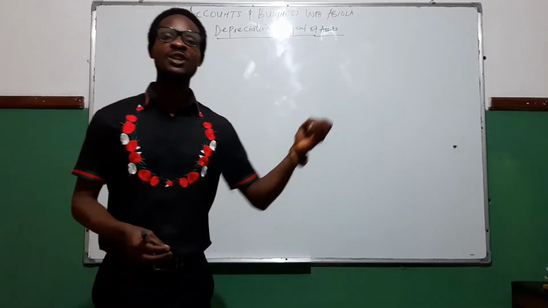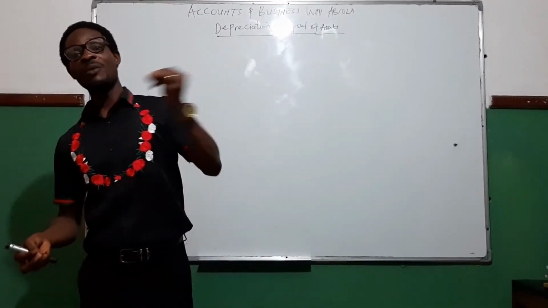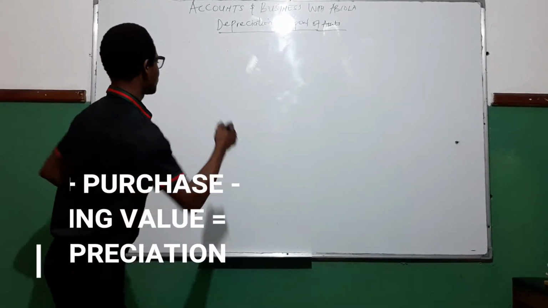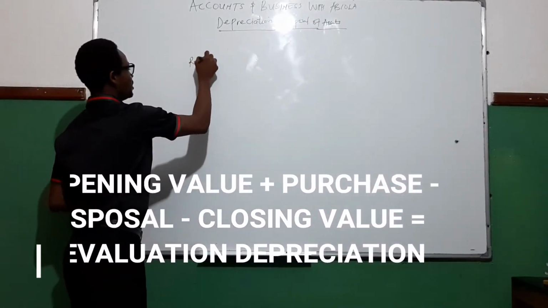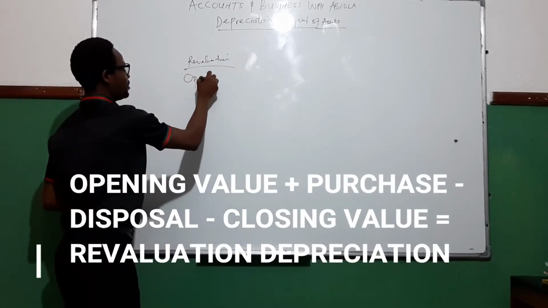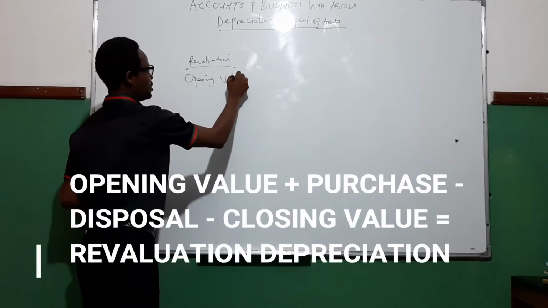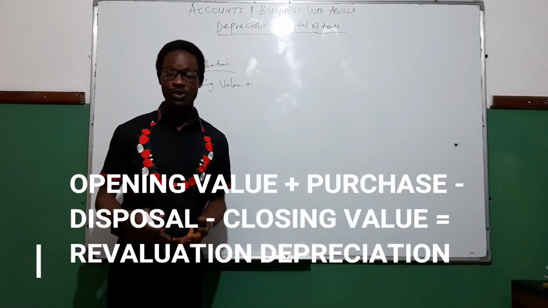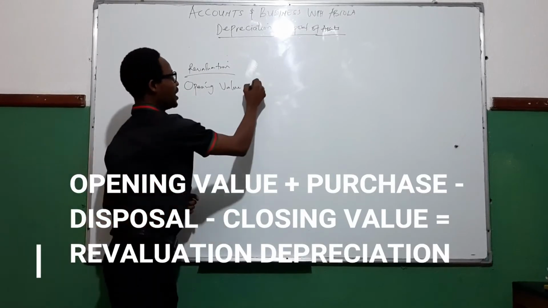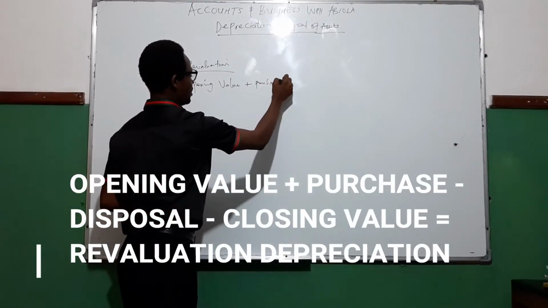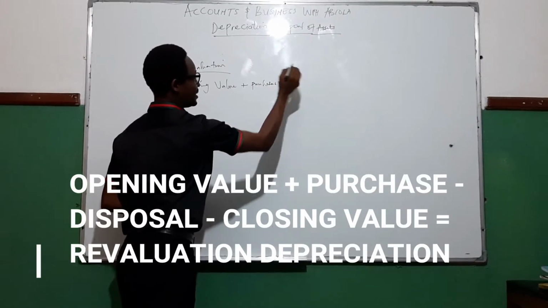However, if new assets like the loose tools were brought in during the year, it will be opening value. If there were additions to the loose tools or to the assets during the year, it will be added to purchases of that same asset.